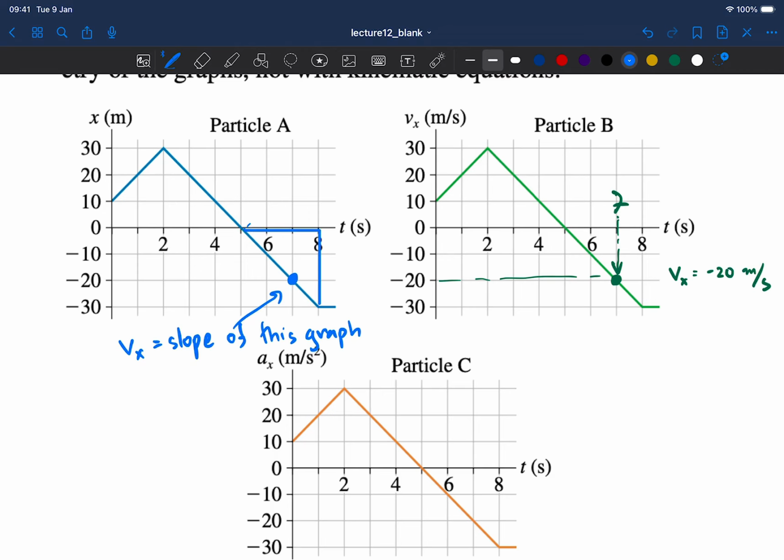This is minus 30 meters, and the time here is from 5 to 8, so that will be 3 seconds. So the slope I have is minus 30 meters divided by 3 seconds. So the answer is minus 10 meters per second.